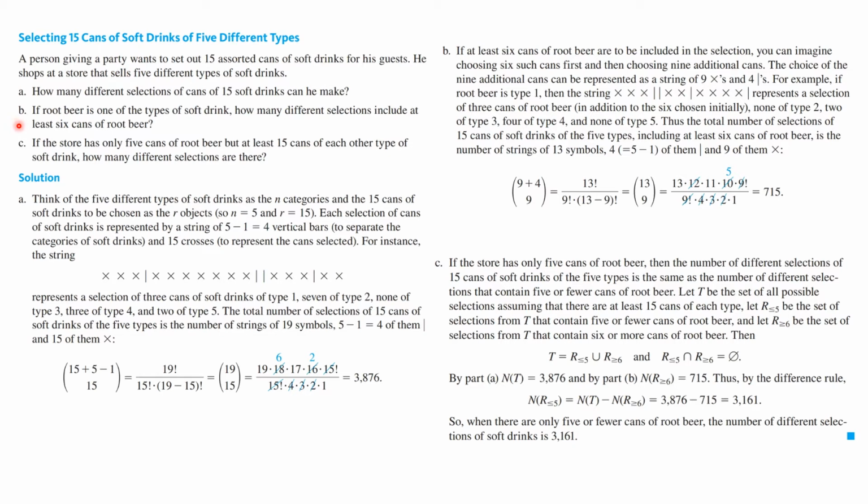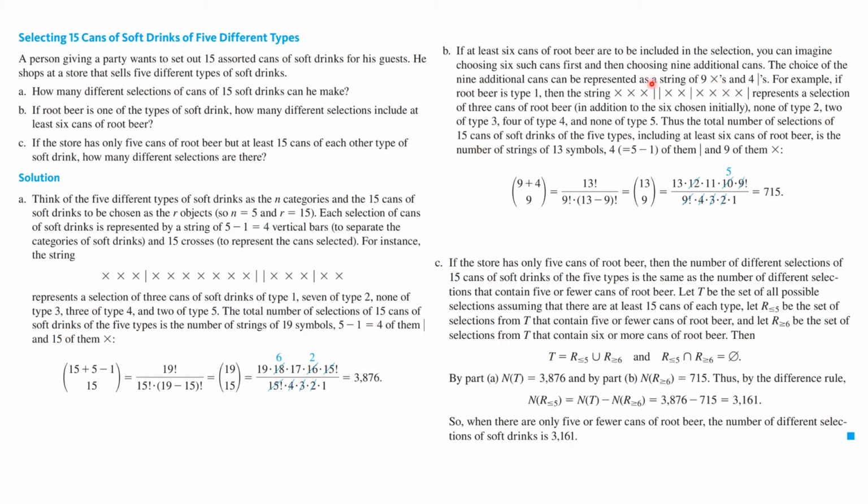Part B. If root beer is one of the types of soft drinks, how many different selections include at least 6 cans of root beer? Well, if at least 6 cans of root beer are to be included in the selection, you can imagine choosing 6 such cans first, and then an additional 9 cans.